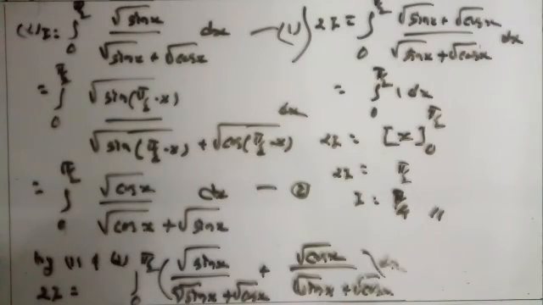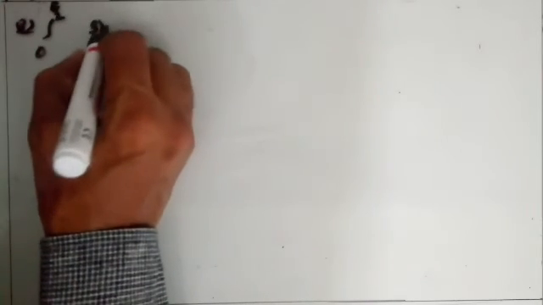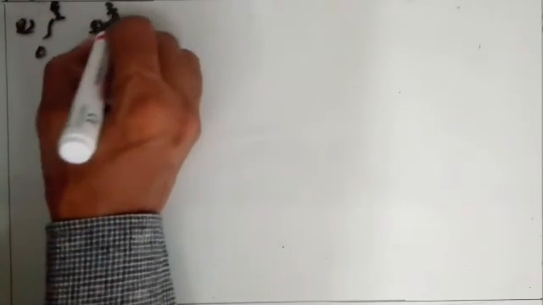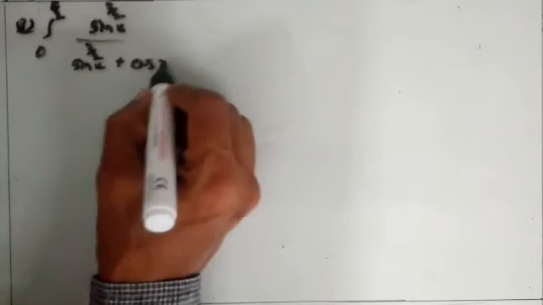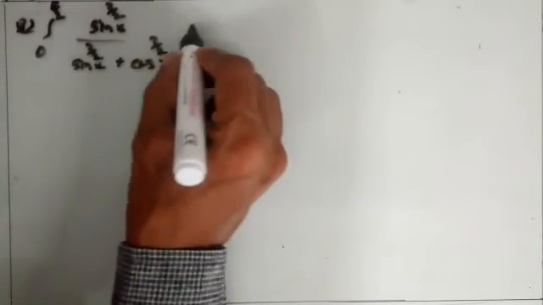Now next question. Question number 3 is also the same type of question. Find the definite integration 0 to pi by 2 of sin x raised to 3 by 2 upon sin x raised to 3 by 2 plus cos x raised to 3 by 2 dx.